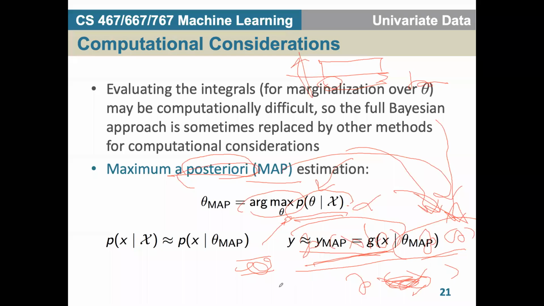The generative probability we always consider, as in maximum likelihood estimation. In the MAP method, we also consider the prior, prior times the generative probability.